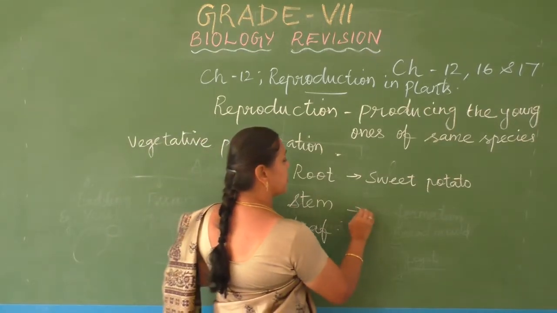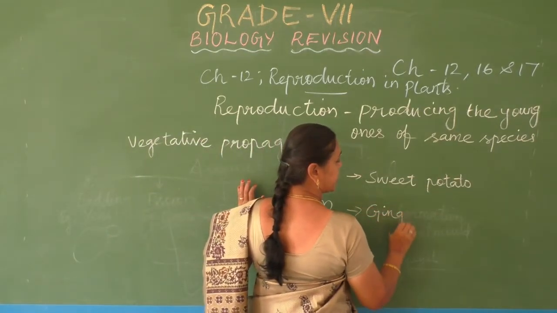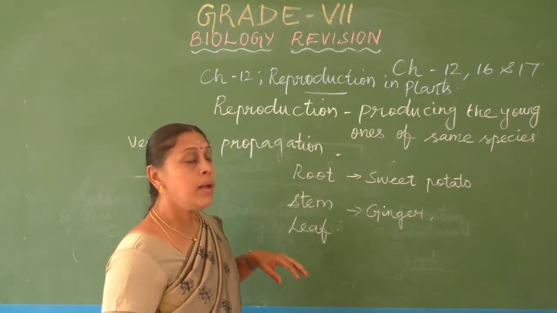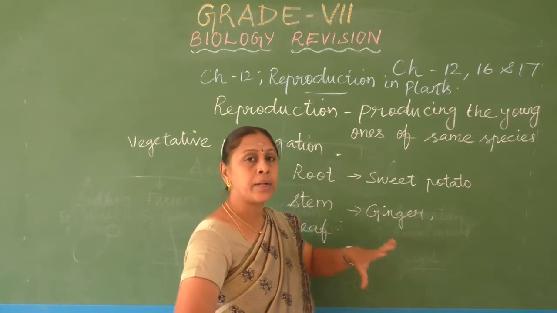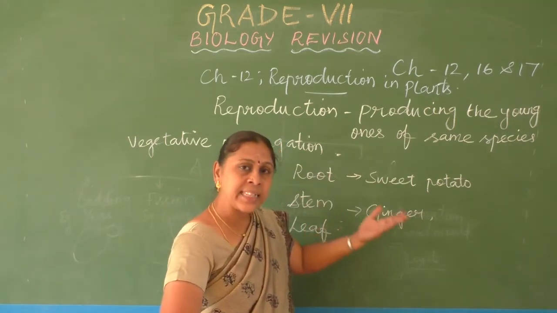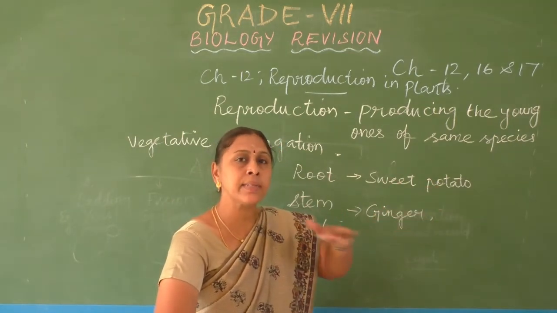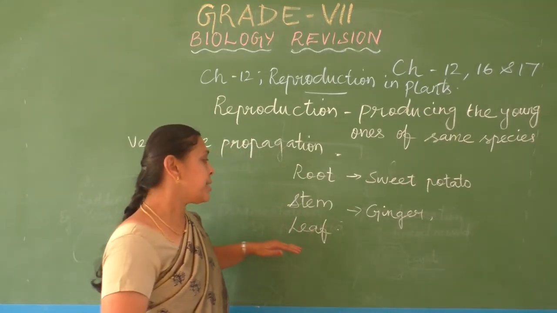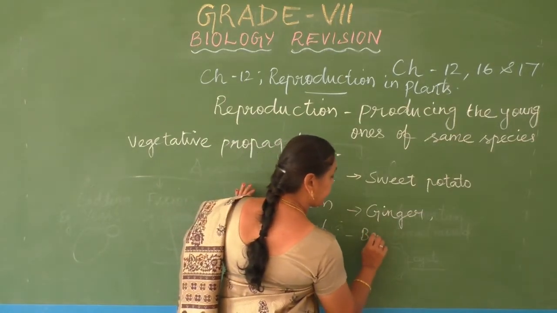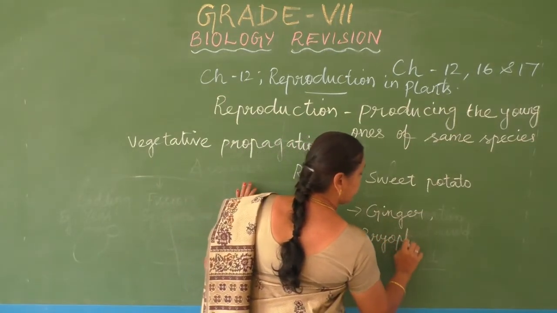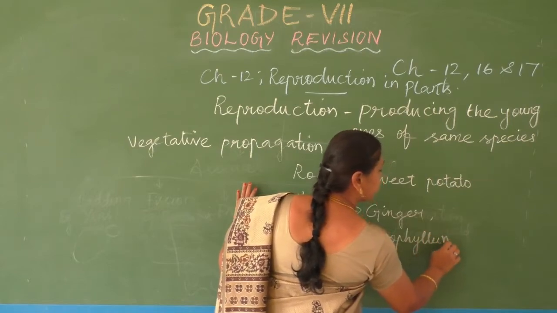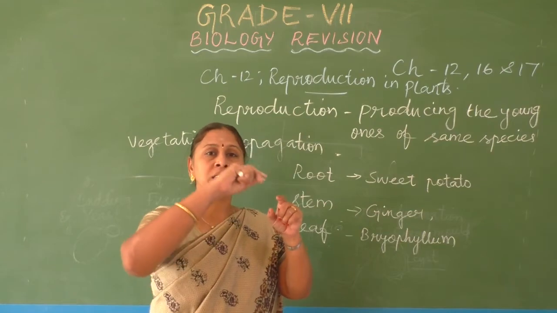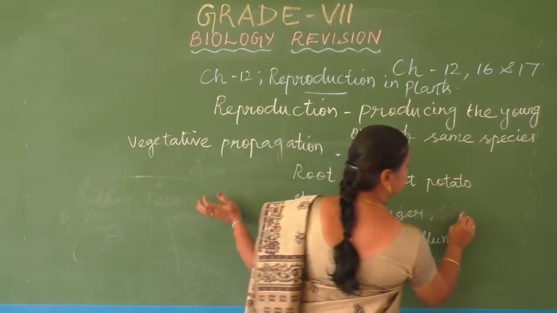Next, in the case of ginger and turmeric, the vegetative part like the stem acts as a reproductive part and helps in the production of new individuals. In case of bryophyllum, the leaf, with the help of the notches present at the edge of the leaf.